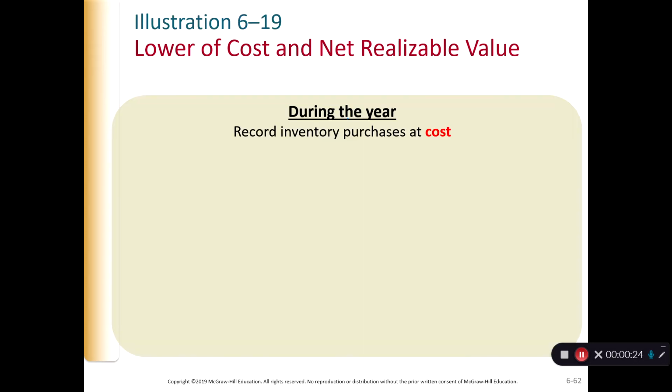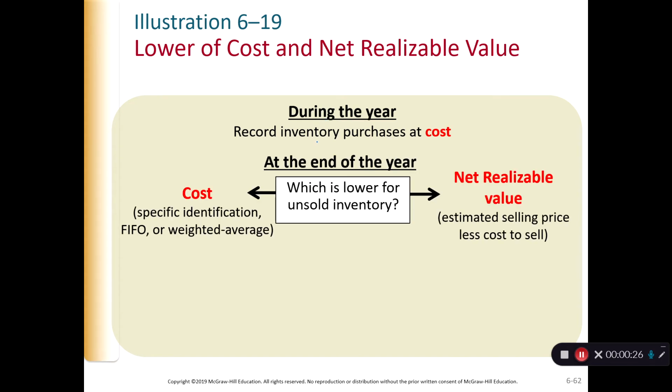When the value of the inventory falls below its original cost, companies are required to report inventory at the lower net realizable value. So there, you tell me, what is the net realizable value?